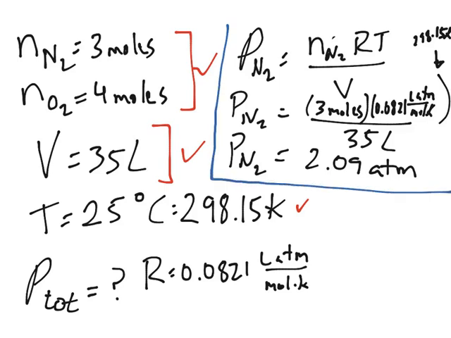So let's separate our data from what we get. We have the first partial pressure, and I'm going to do the second one in the next space, just to have more space. So this is the partial pressure of oxygen, and we had 4 moles.